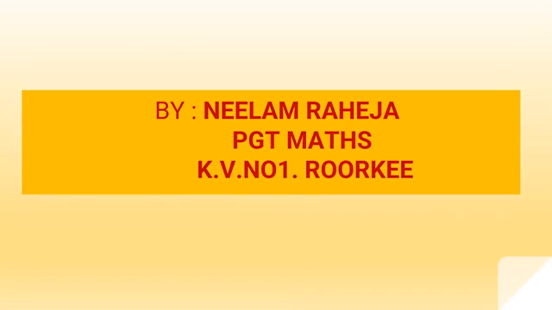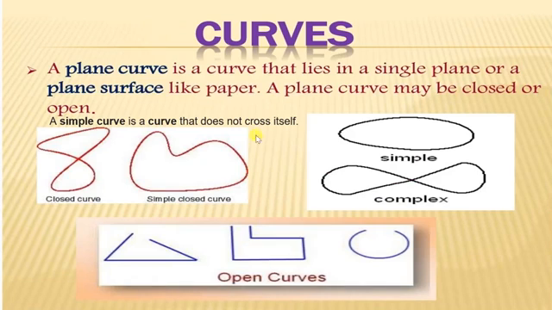So let us first discuss what is a plane curve. A plane curve is a curve that lies in a single plane or a plane surface like paper. Means a curve which you can draw on a paper or on a plane, that lies on a plane.